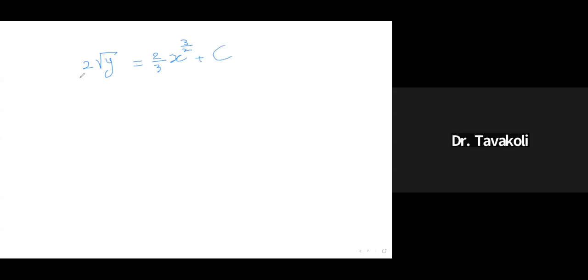To solve for y, first divide both sides by 2. So radical y is 2/3 divided by 2, which is 1/3, x to the power of 3/2, plus c over 2. But c over 2 is also a constant, right? So this is just a constant.